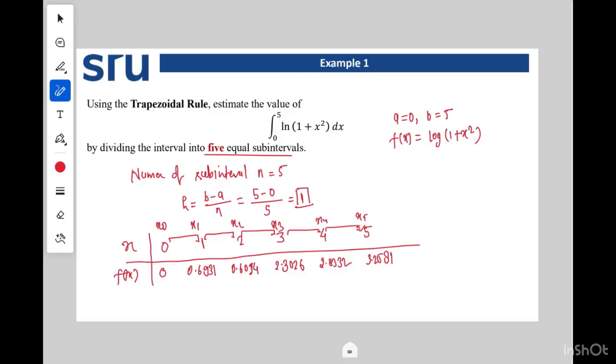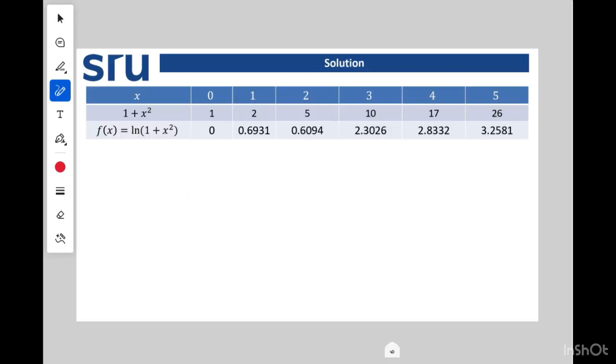So we can write the composite trapezoidal rule formula here. What is I here? We have to compute the integral from 0 to 5 of f(x) dx. It is approximately equal to h divided by 2, since we have 6 data points, up to x5.